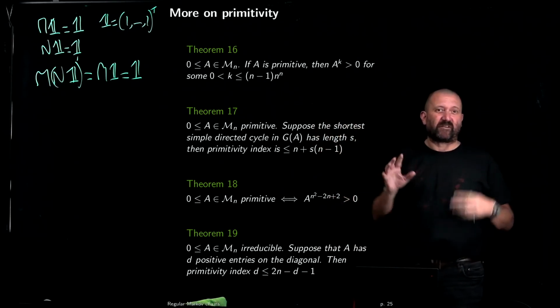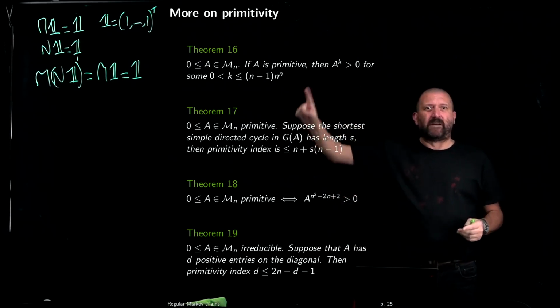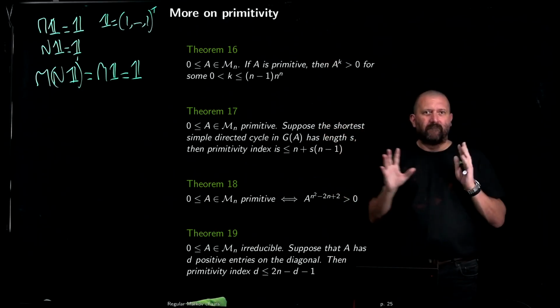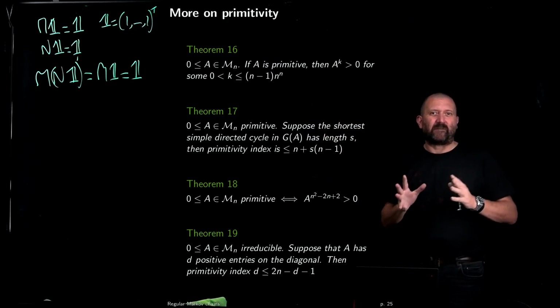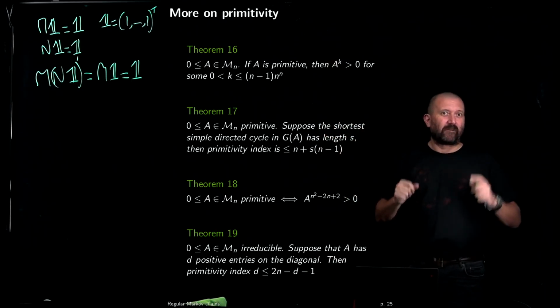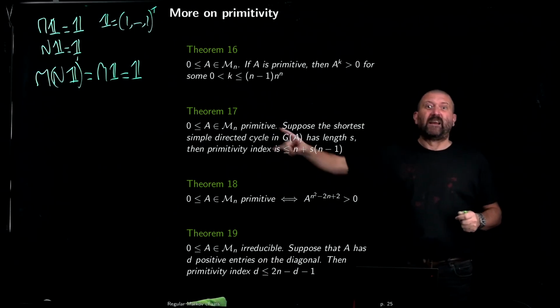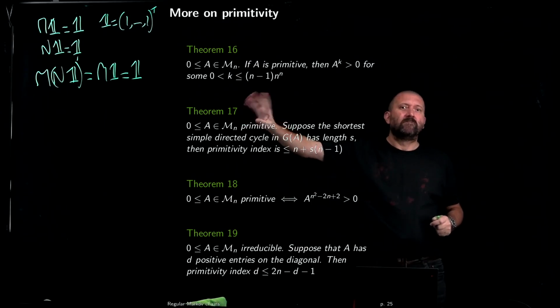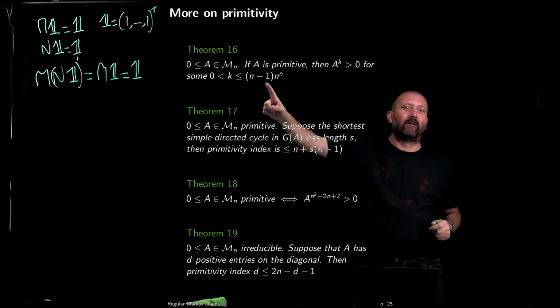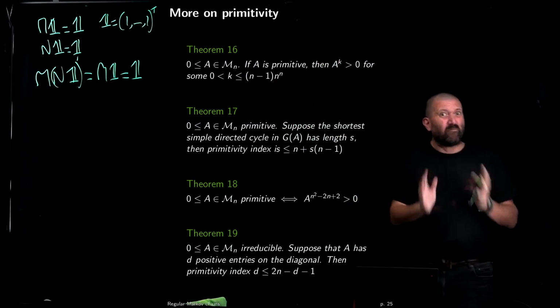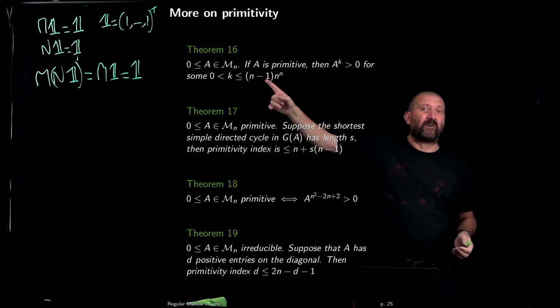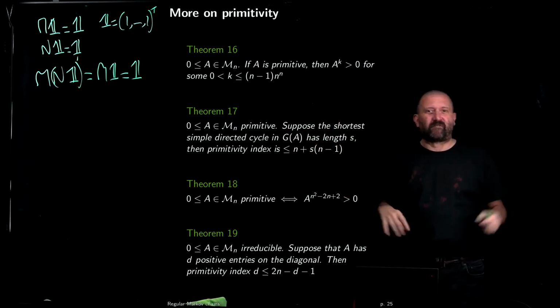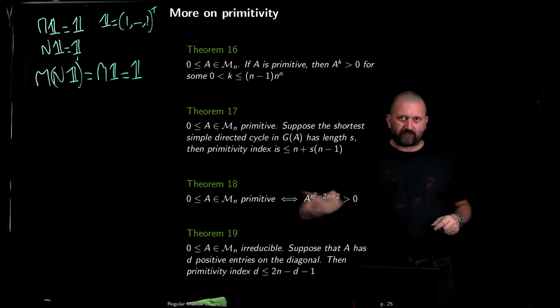If we have a matrix and we know it's primitive, then we know that the k value, the index of primitivity, is going to be some number between 0, 1, and (n minus 1) times n to the n. This is humongous. This is a very bad bound, but it's a bound.